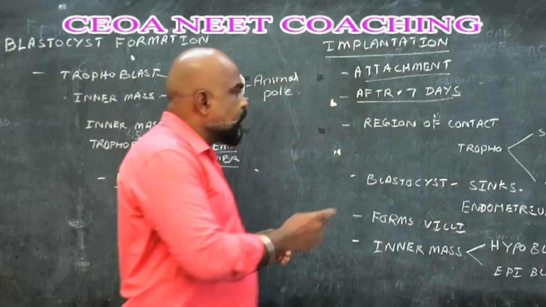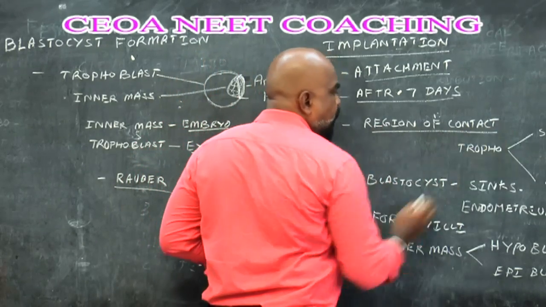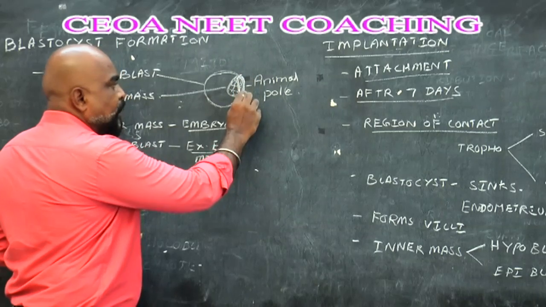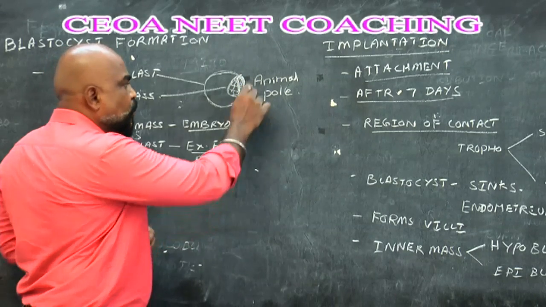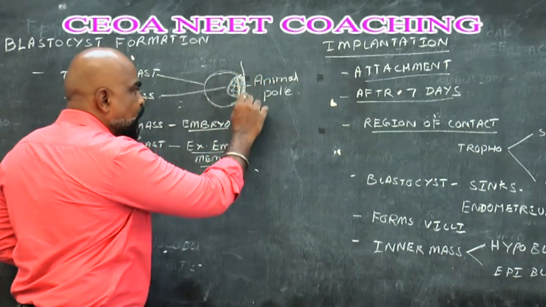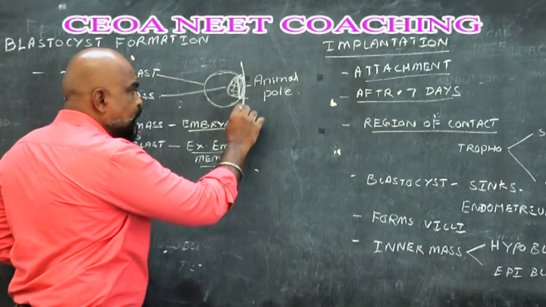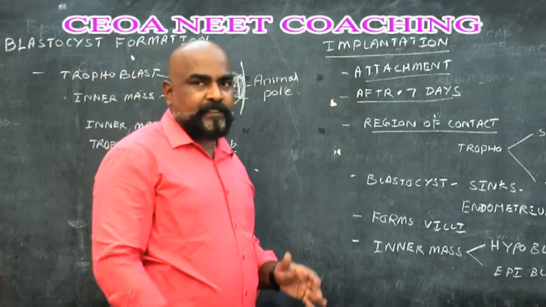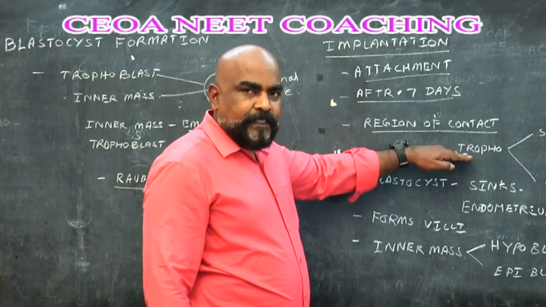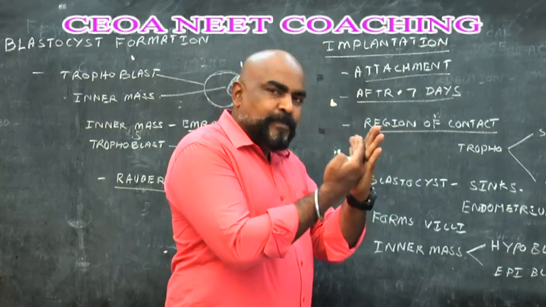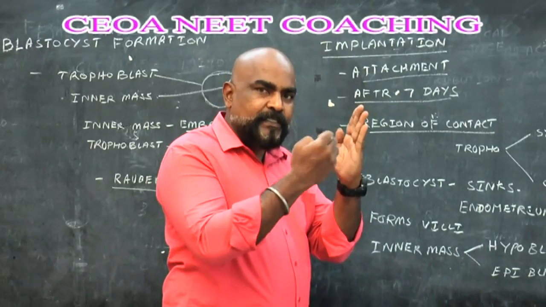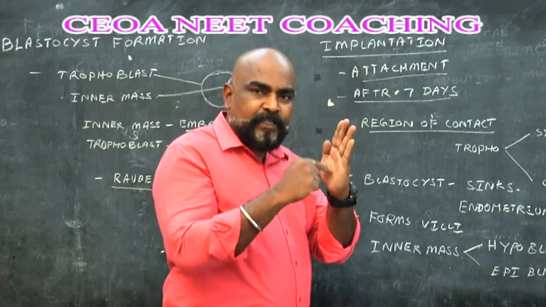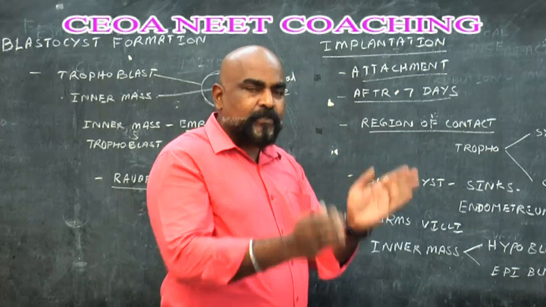And here, the region of contact of the trophoblast with the uterus gets differentiated into 2 layers. So the trophoblast, at the point of attachment with the uterus, goes and attaches. In this region of contact, it gets differentiated into 2 layers.